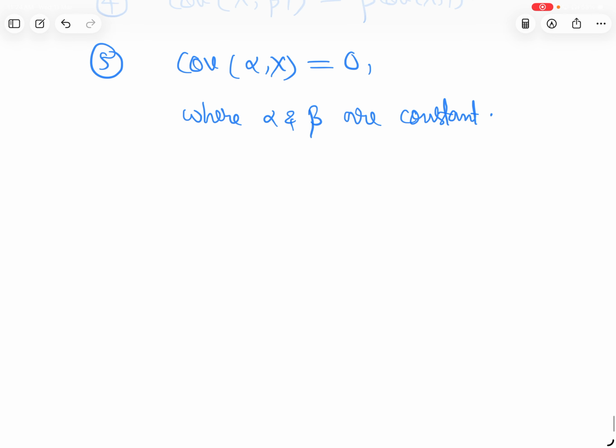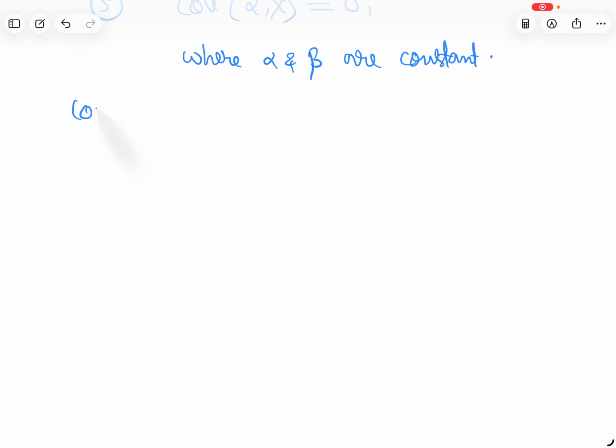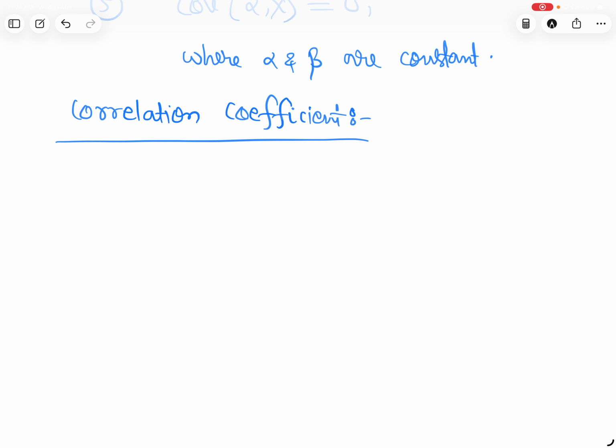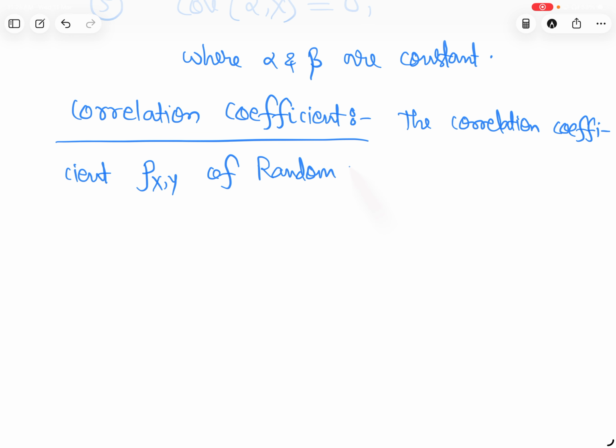Okay. Now correlation coefficient. The correlation coefficient is denoted by rho XY of random variables X and Y. How do we define the correlation coefficient?